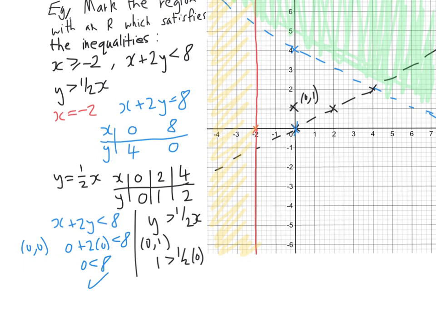Is 1 greater than 0? Yes, it is. So that point indicates the right region, i.e. above the line is the correct region, where the R will go. So below is incorrect, so we can discard the region below and shade it.